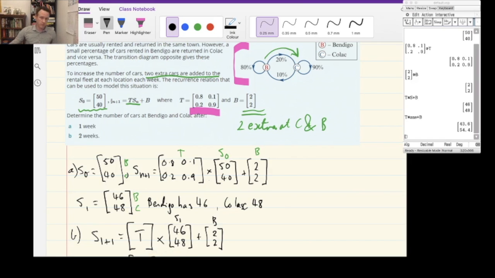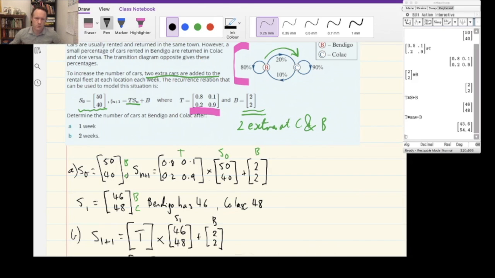Obviously you can't have 4/10 of a car or 6/10 of a car, so we'd round that and say there are 44 cars at Bendigo and 54 cars at Colac.